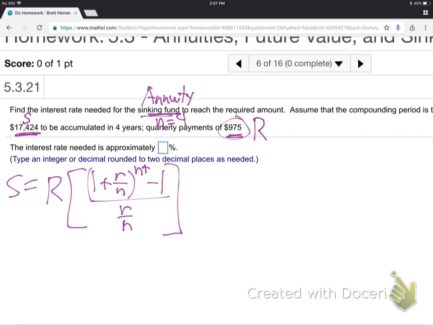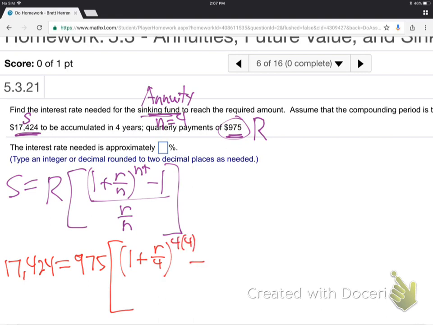So the S is 17,424 equals R, which is 975, times 1 plus, I don't know, little r, over N, which is 4, to the 4 times T. T is also 4, 4 years. Minus 1, all over r, which I don't know, over 4.